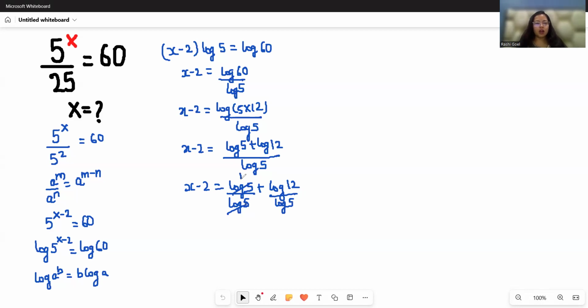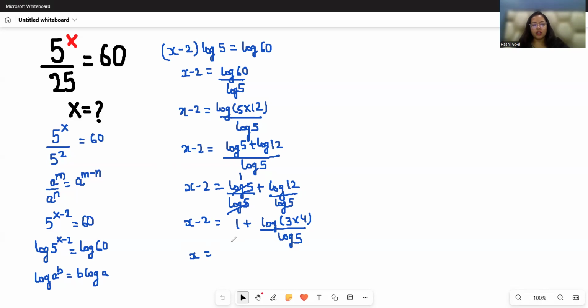So this will cancel out and give 1. So x - 2 = 1 + log 12, I can write 12 as 3 times 4, by log 5.